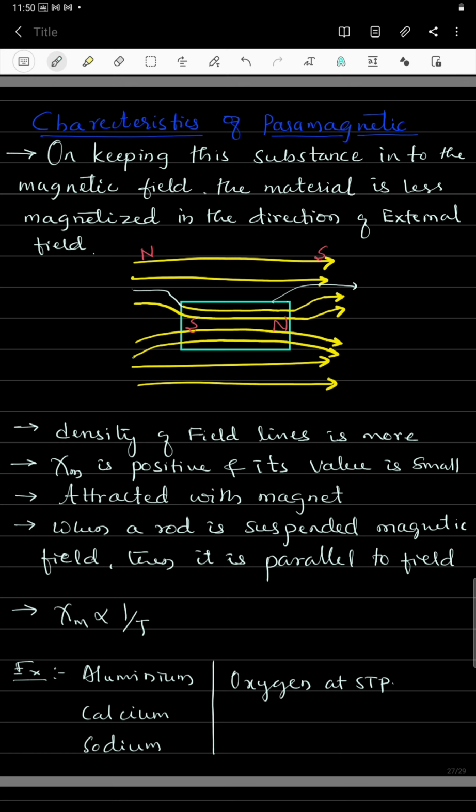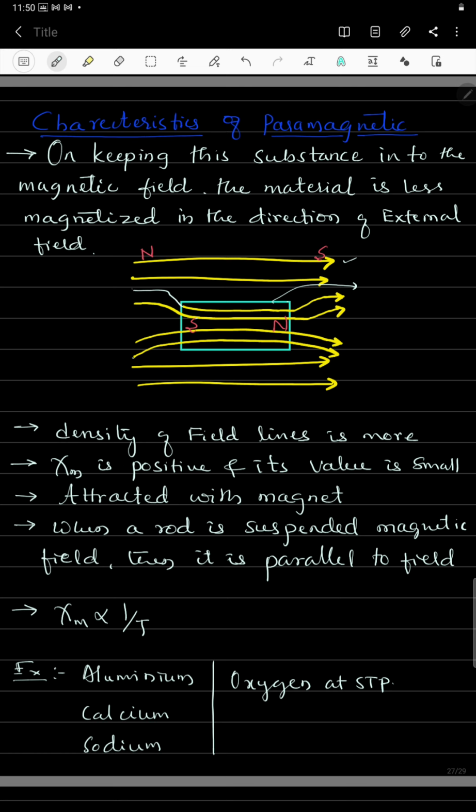And here what will happen? The magnetic field lines, which are shown in yellow color, are external magnetic field lines. These lines pass from the north pole to the south pole, moving from N to S. And the material we are placing is placed in the direction of those magnetic field lines.